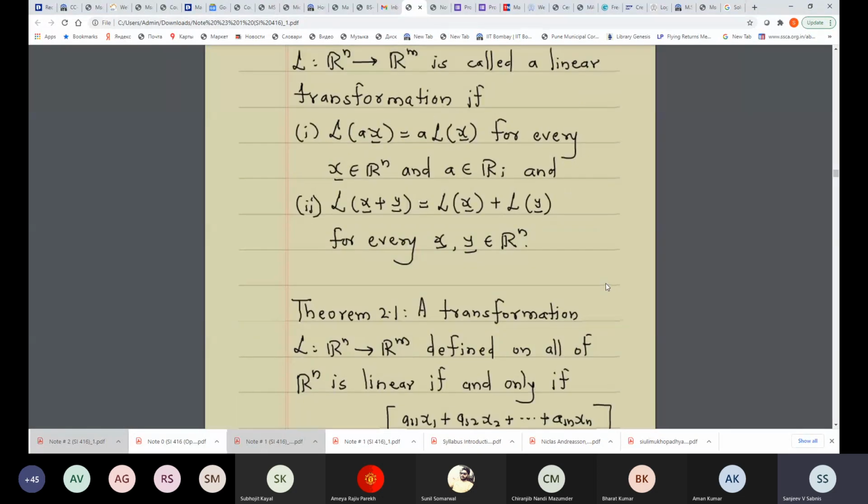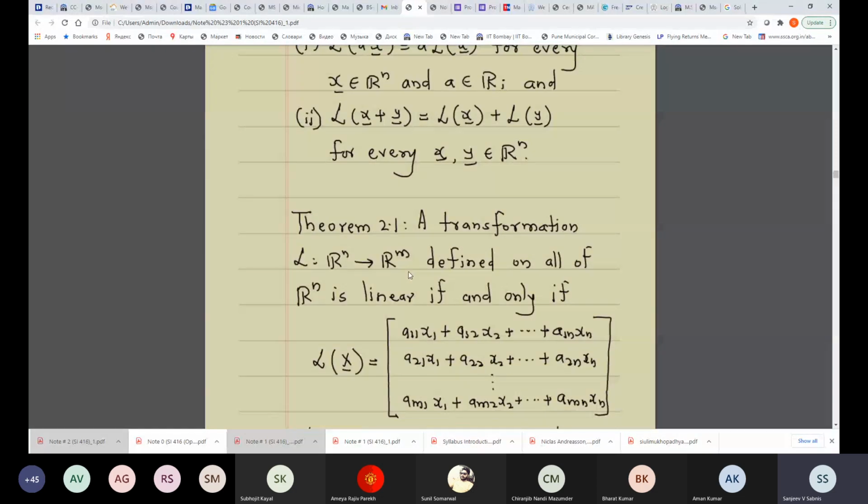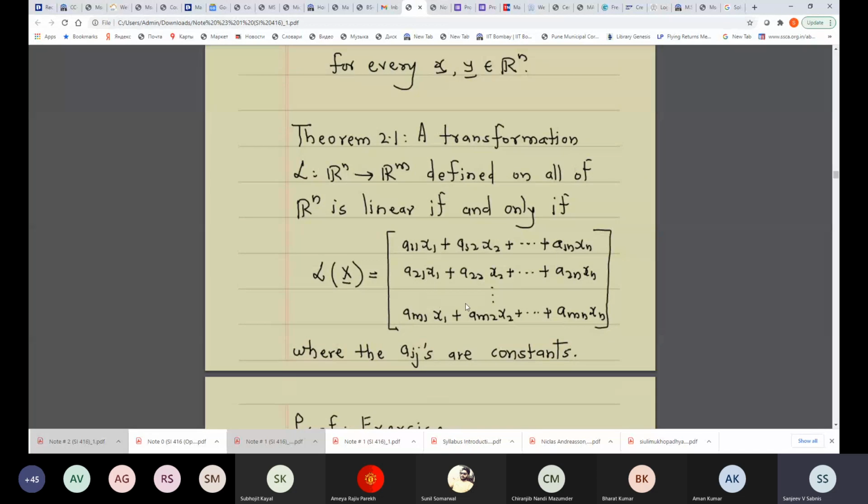This transformation is linear if and only if Lx is represented as this, and this can be written as A times X, where A is an m cross n matrix whose first column is given by A11, A21, Am1, second column is given by A12, A22, Am2, and the nth column is given by A1n, A2n, and Amn.